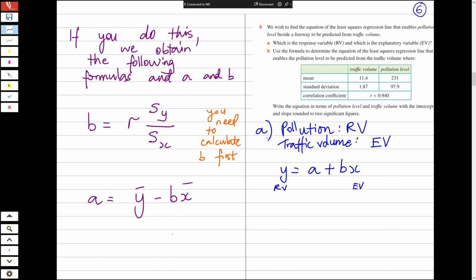They've given us the mean, the standard deviation, and the correlation coefficient. All things that we need to find out a and b. So it's a simple matter of writing down Sx, standard deviation of y, Sy, x bar, y bar.